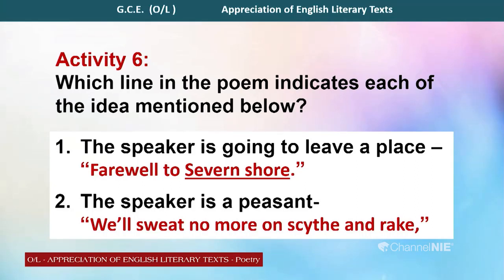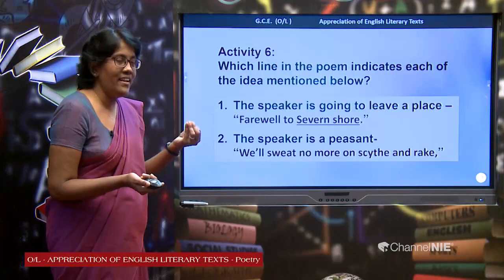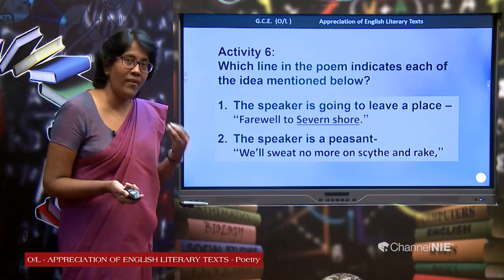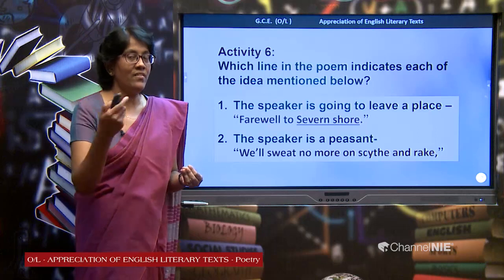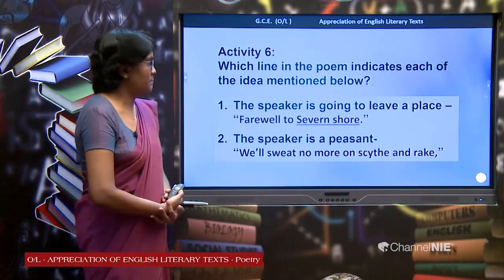Which line in the poem indicates each of the ideas mentioned below? Remember, simply it's kind of paraphrasing. The idea is mentioned, so very effectively you can find the line which is relevant to the particular idea.